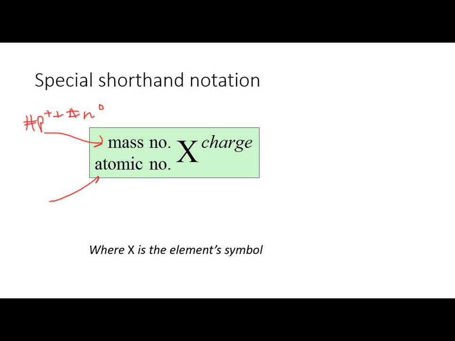And its atomic number, which is the number of protons, and its charge, whether it has the same number of electrons or a different number of electrons as it does protons. And this symbol right here, of course, is going to be like your Ca for calcium, your K for potassium, your Fe for iron. So that X, although there is an element X in cartoons, there is no real element X. The closest we have is Xe, which is xenon.